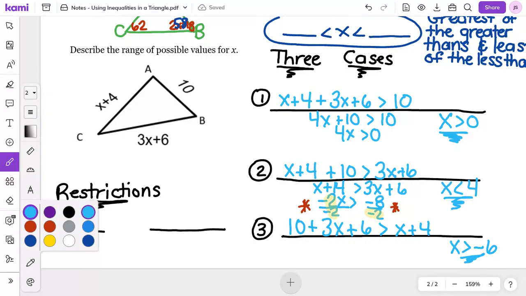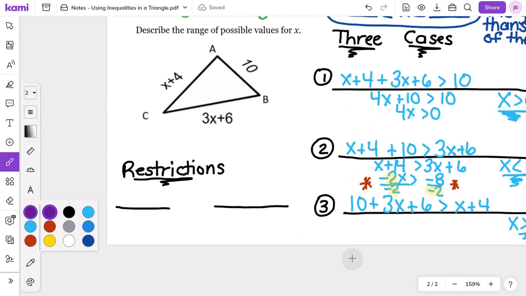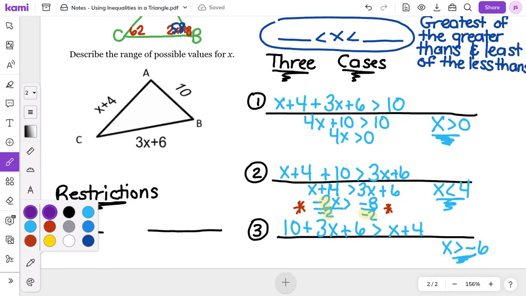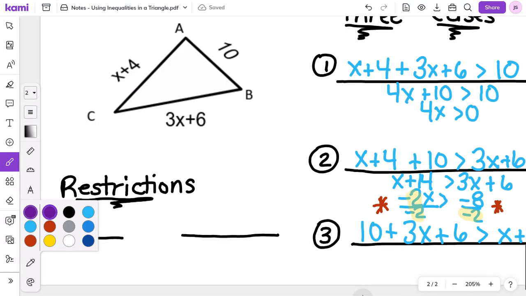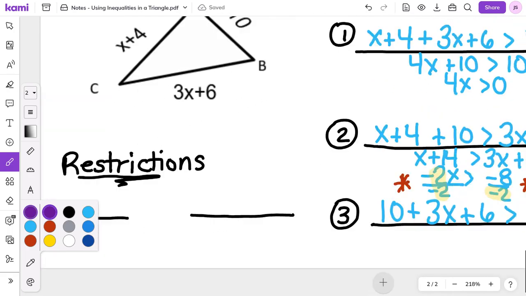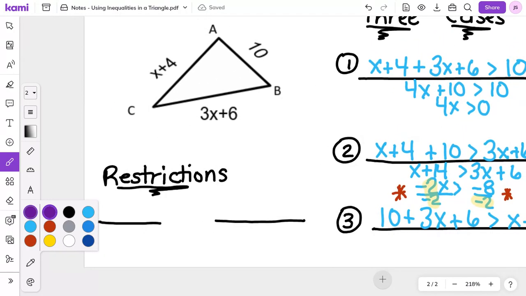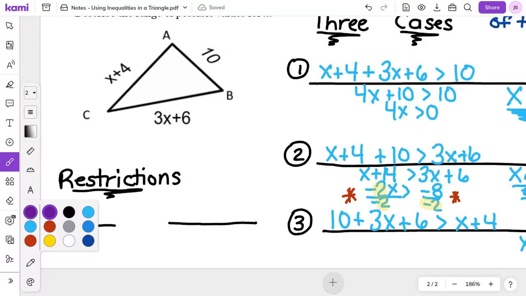The last thing that we have to do before we think about our final answer is to make sure we account for the restrictions, right? There are two sides that are shown as expressions. AC is x plus 4, BC is 3x plus 6. Well, we know if it's a triangle, you can't have a length that is negative. You can't measure something negative.